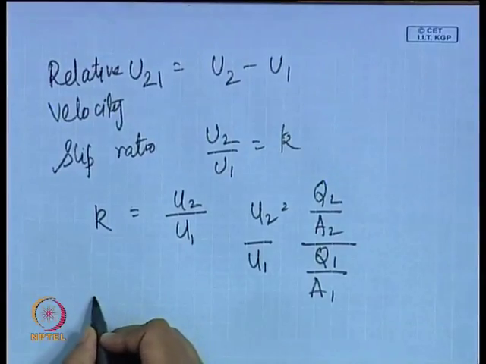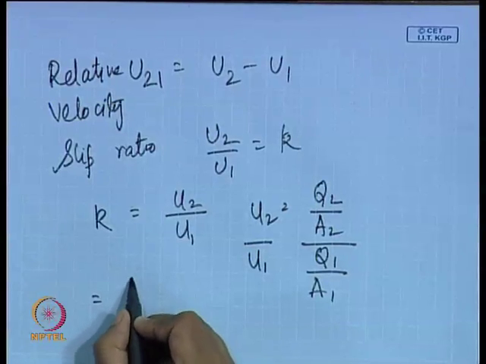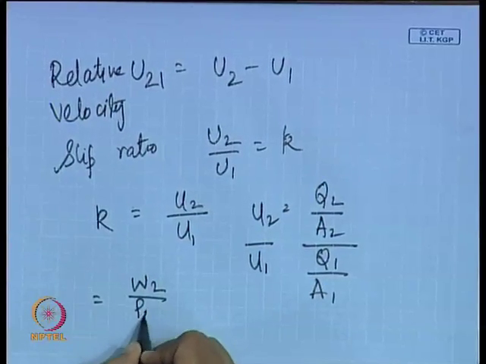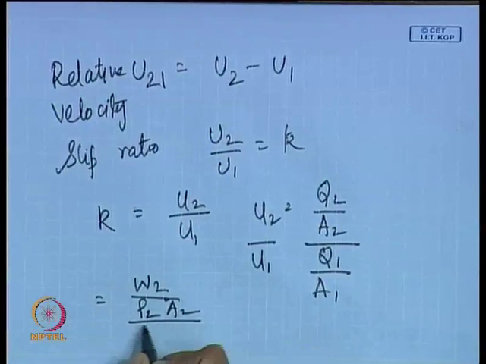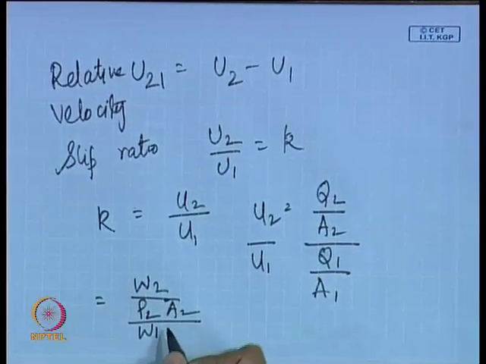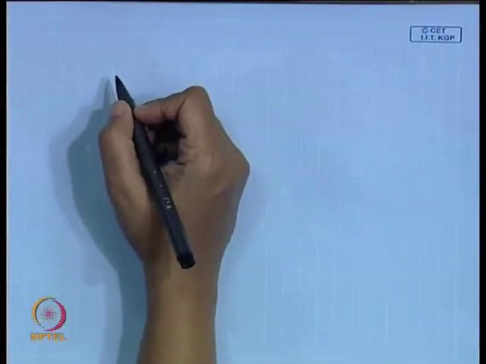So, therefore, what we would like to do is express Q2 as W2 by rho 2 A2, and Q1 as W1 by rho 1 A1, right. Or in other words, W2 again we do not know, because W2 will be changing along the length.